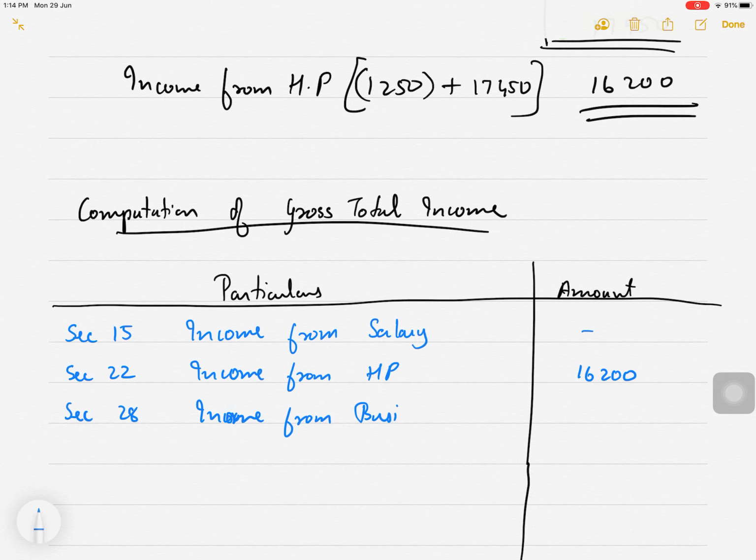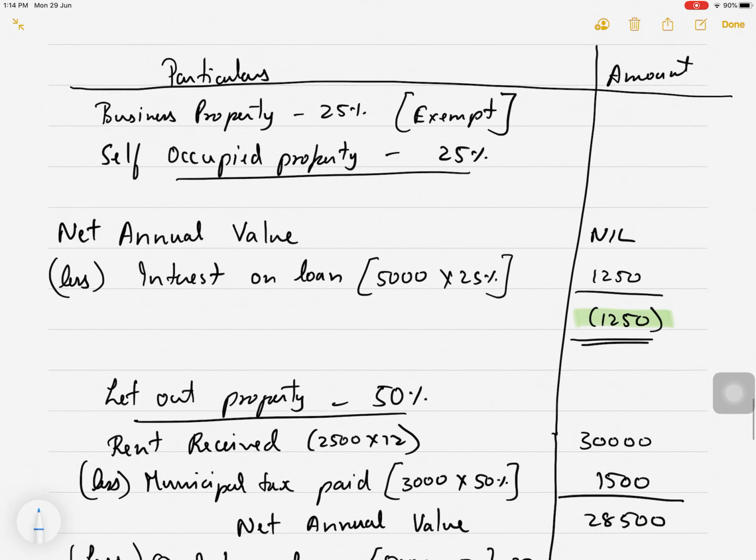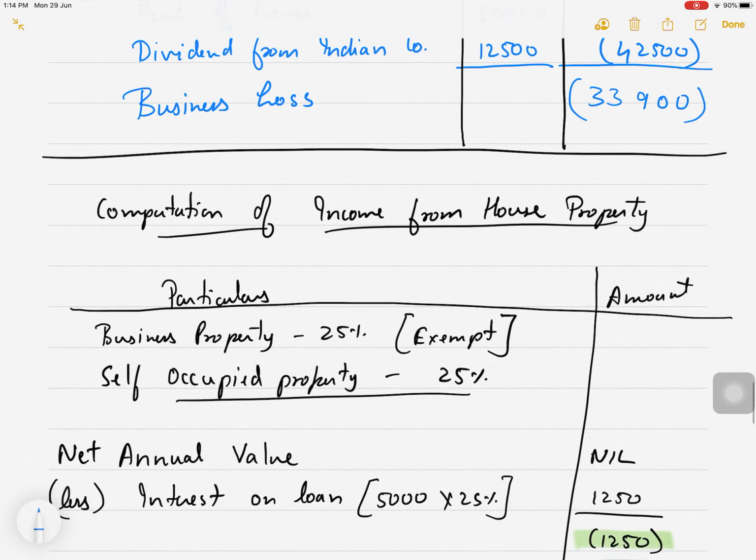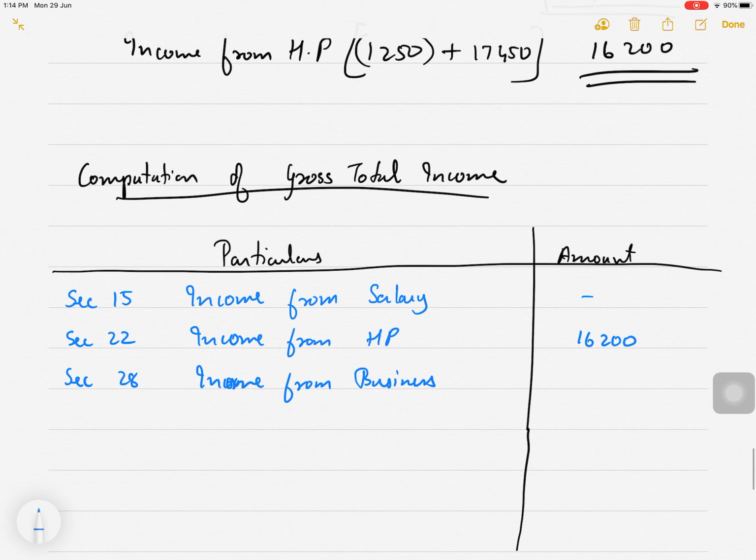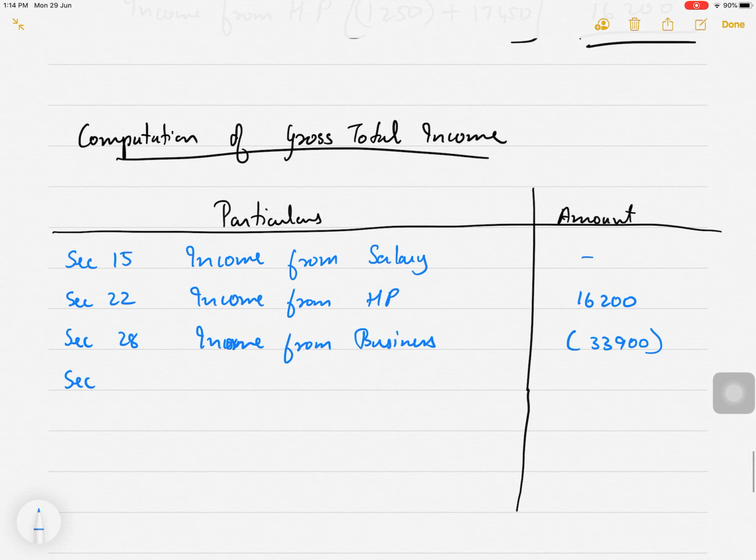Section 28, income from business, we have calculated 33,900. It is a loss, so I'll write in the bracket 33,900. That means it is loss. Section 45, capital gains, which is nil.